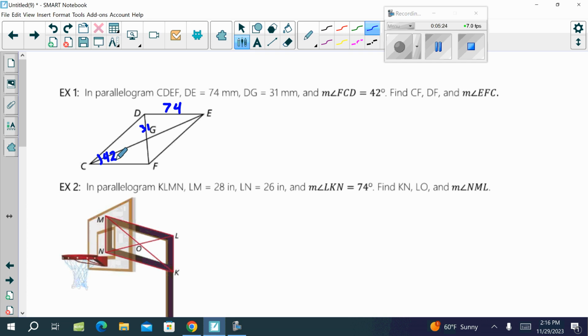So it tells you you have a parallelogram. Knowing we have a parallelogram, we can apply all four of the properties that we have learned thus far. The first thing it asks us for is CF. What do we know about CF? Good. CF is opposite of DE, and in a parallelogram, opposite sides are congruent.